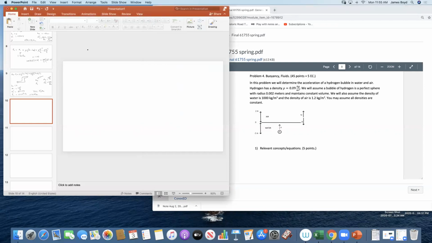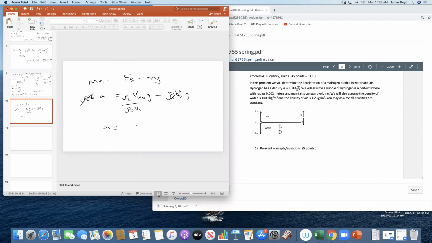Remember that your buoyancy equation is that ma is equal to the buoyant force minus the weight. And the buoyant force is the density of the liquid times the volume of water displaced times g, minus the density of the object times the volume of the object times g. And that's equal to the density of the object times the volume of the object times a. So really, we can divide through by this, and we get density of the object times the volume of the object.